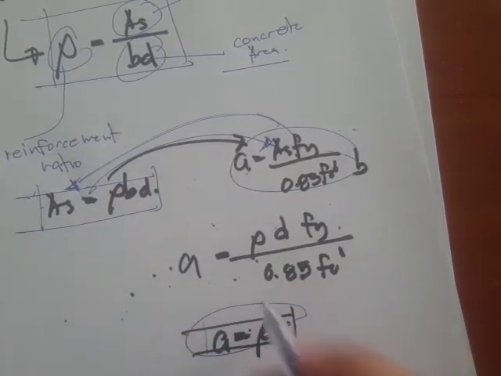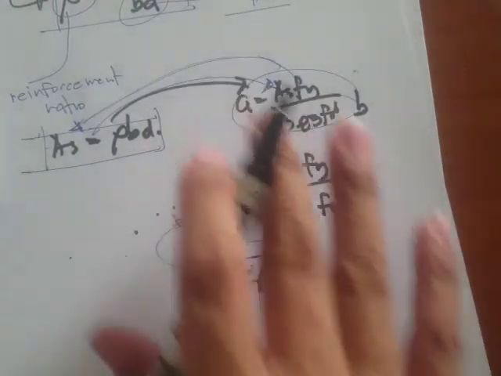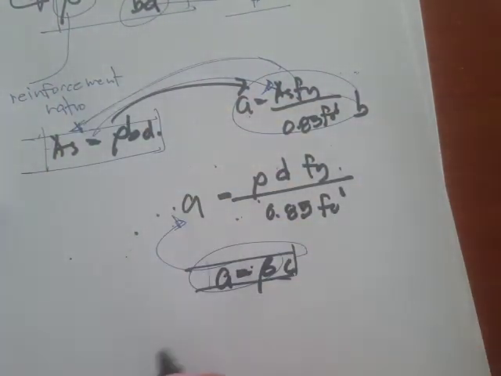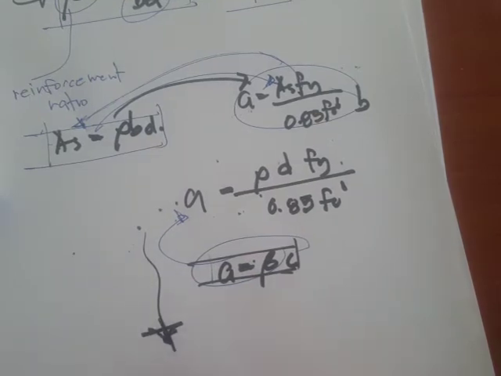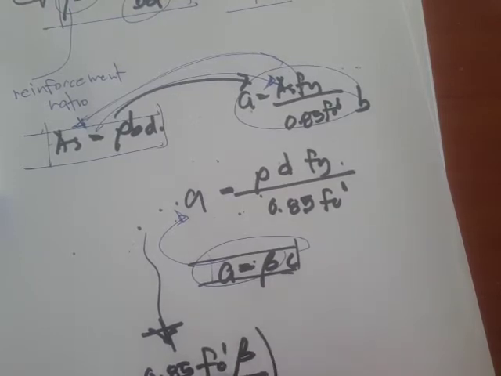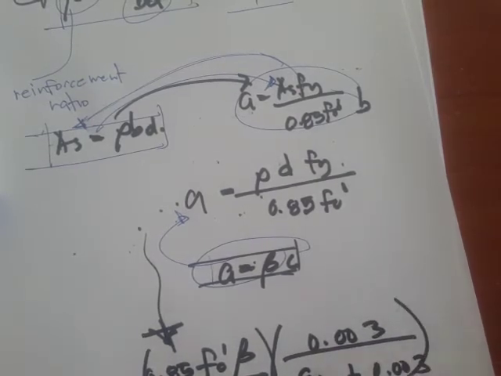The point here is, after all the substitution, what we get is this equation for ρ, equal to 0.85 fc' β1 / fy times 0.003 over (0.003 plus the steel strain).